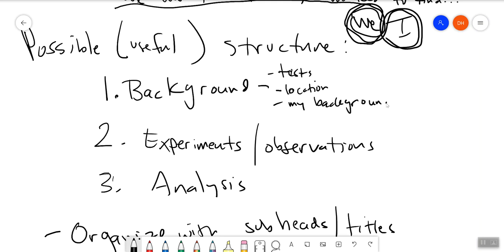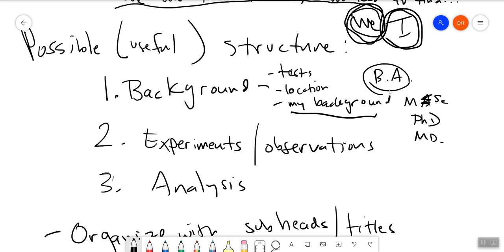Now, like I said, you want to avoid a lot of I, but in demonstrating your authority in a certain field, it can lend credibility to the research project itself. In student papers, you're probably not going to emphasize this too much, but once you've gotten your bachelor's degree, that establishes some of your credentials, right? If you go on, most of you would get a Master of Science, or a PhD or an MD, whatever. Those establish levels of credibility, but they also show you've done a lot more studying and research and writing.